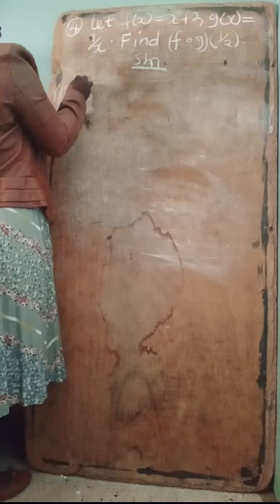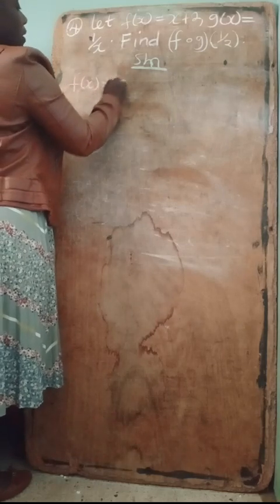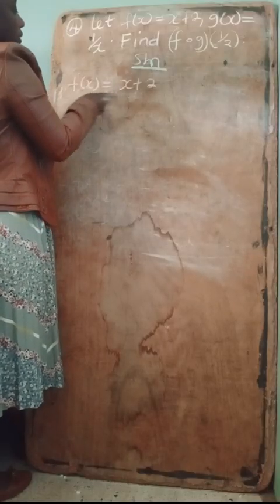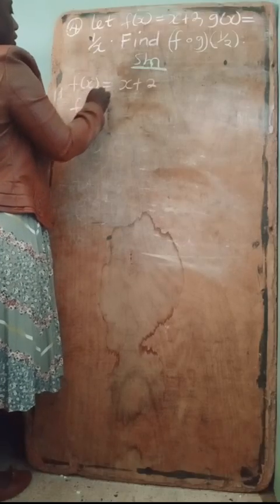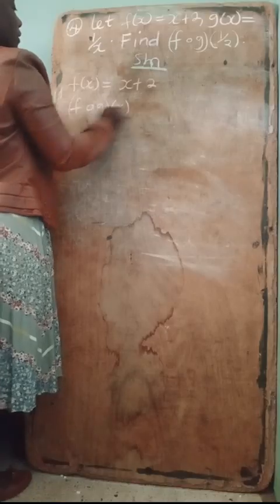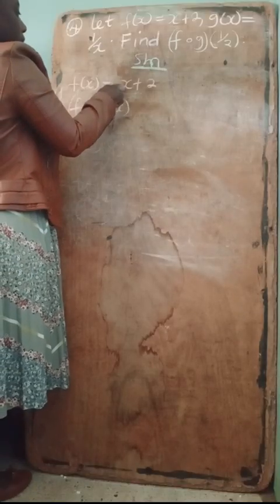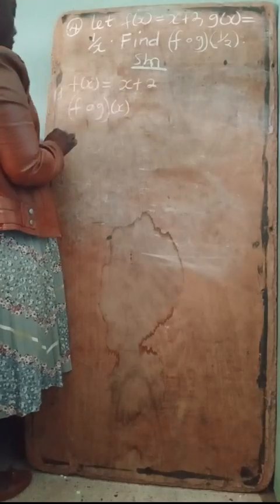So what are we going to do? We have this function, f of x is equal to x plus 2. Okay, so for us to find the f of g of x, first we need to replace where there is x with the function of g.